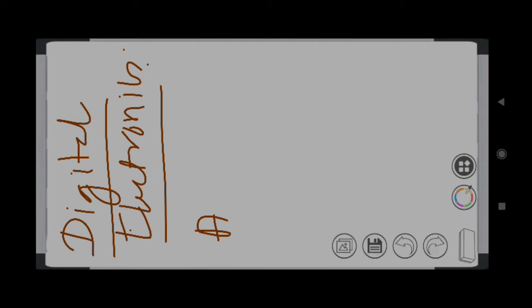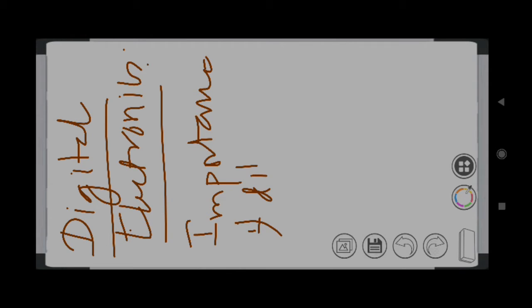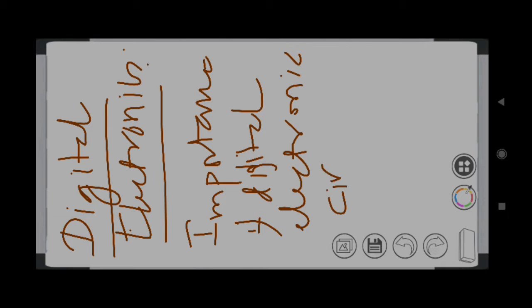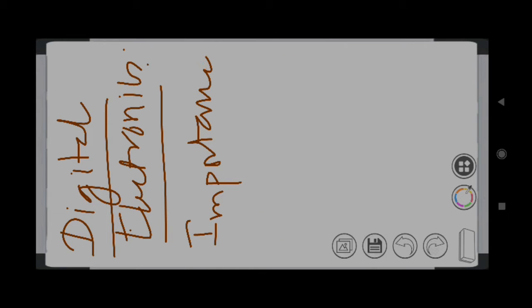What is the importance of digital electronic circuits?